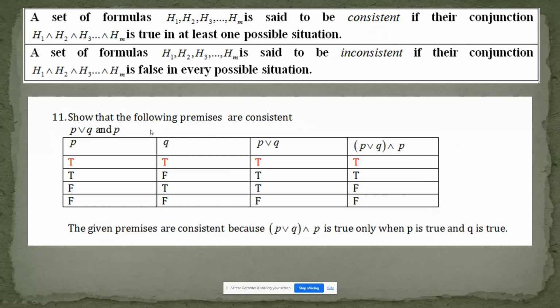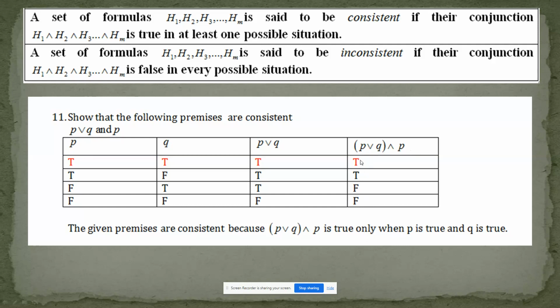Now take another example, consistent. To consider consistent, you have to form a truth table and then take their conjunction, P implies Q and P. In this, you have to identify whether there is any true.